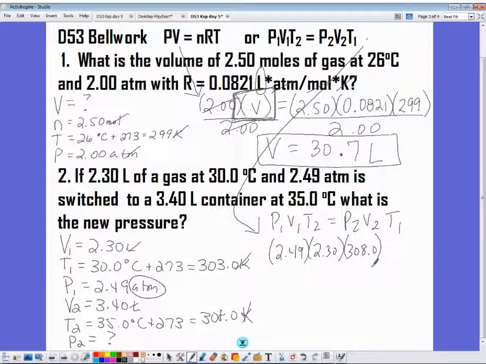Okay, see if I can write tiny for this other part. We're looking for P2, so I'm going to write it like that, P2. My V2 is 3.4, and my T1 is 303. I can write small. All right, is everybody with me? Lauren's with me. Thomas is with me. Juan is with me. Okay, divide both sides by 3.40 and 303.